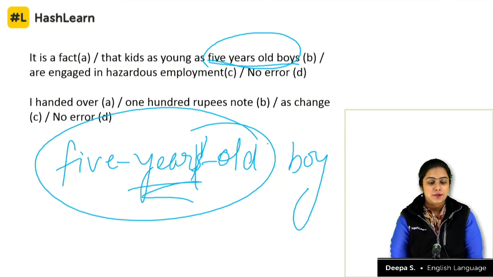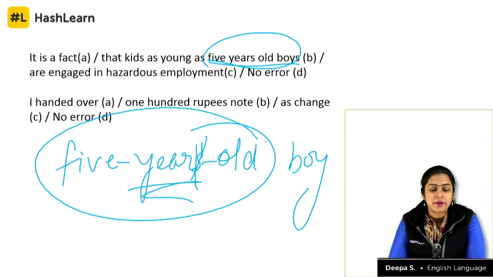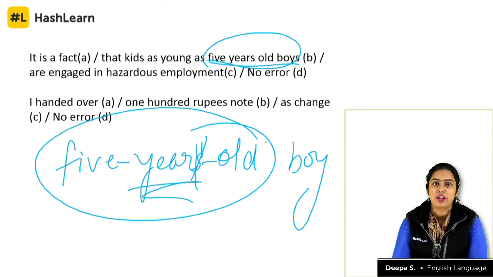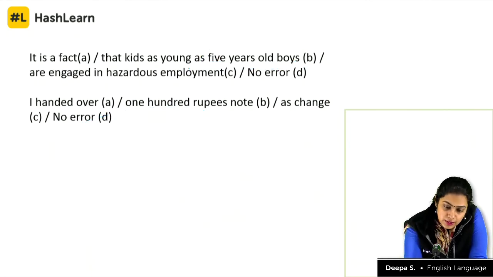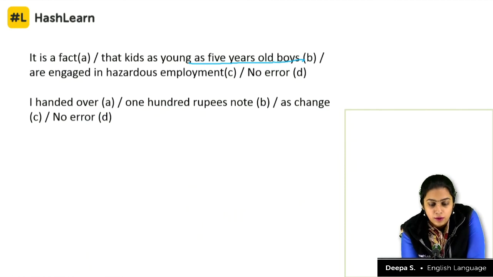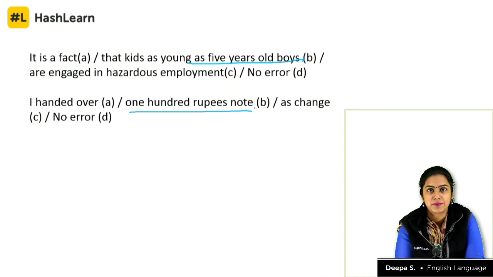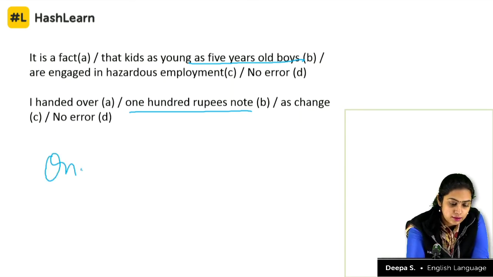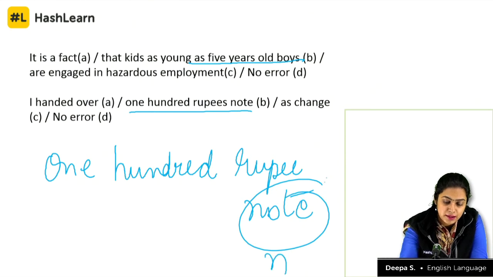Okay, so moving on to the next question. I handed over a 100 rupees note as change. It is a very similar question again. Here we saw 5 years old boys, and here we see 100 rupees note. Remember that it is 100 rupee note. The note here is the noun.